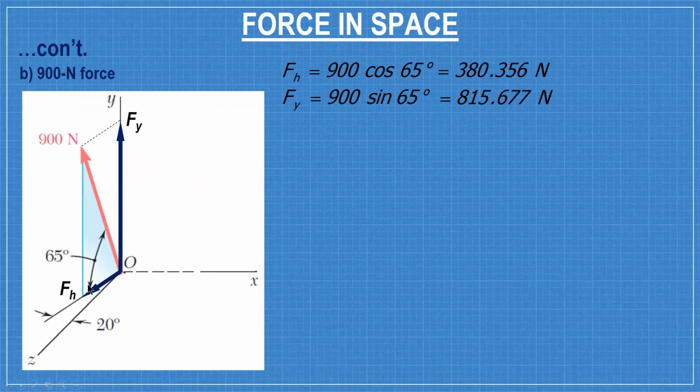Okay, after this, Fh is what you resolve into Z and X components. That's Fh, and then it is 20 degrees with respect to the Z-axis, 20, and then form a rectangle, and you get the components, Fx and Fz. Now, our Fx is negative, because it is going this way, and the positive X is the other way. So Fx is negative, Fy is positive.